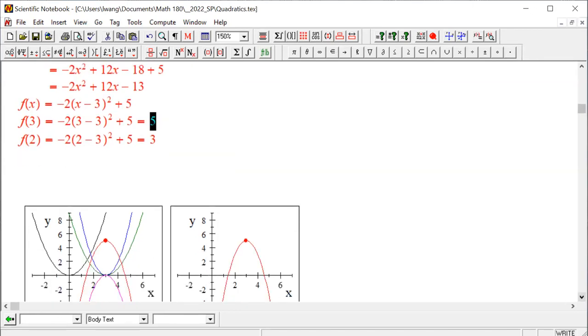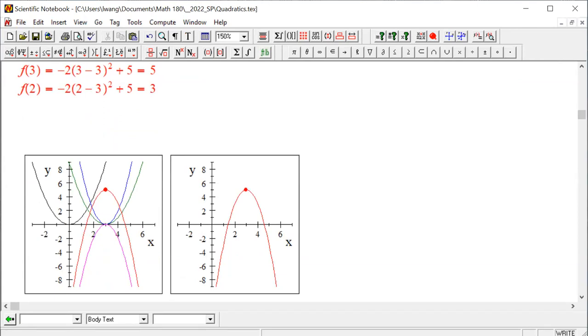In other words, when the input is 3, the output is 5. For any other input, the output would be smaller than 5. That's what we are saying: 5 is the highest output possible.